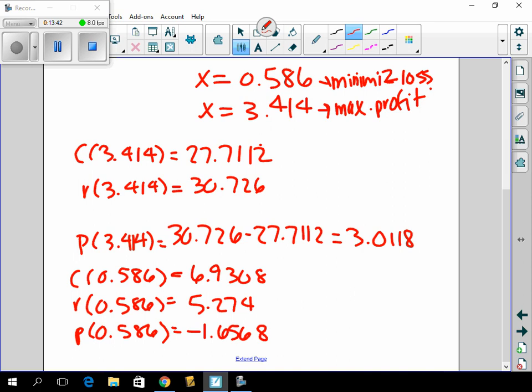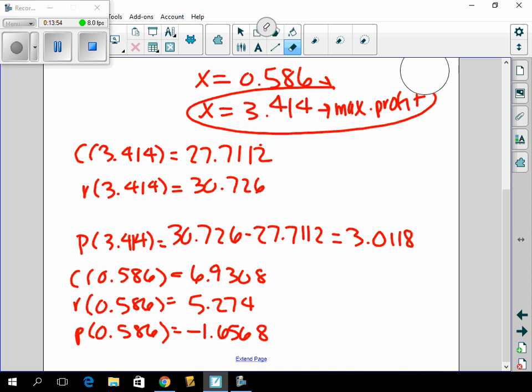So the main one we're concerned with is at 3.414. Sorry, this is not minimizing the loss. This is maximizing the loss. I misspoke on that one. So that's maximum profit. That's maximum loss. And so what we are concerned with is the maximum profit.